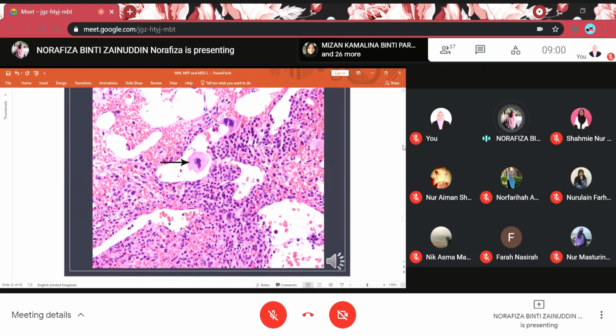Have you learned on teardrop shape erythrocyte before? Anyone? Saya tak sure. Saya tak ingat. Tapi saya rasa macam ada. Saya rasa ada satu disease yang mungkin Dr. Saadah yang ajar. Boleh check balik ya, sebab saya takut awak keliru dengan yang ini.